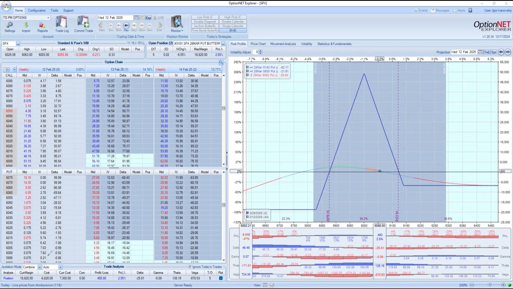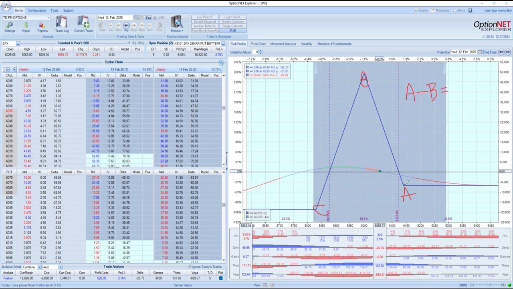My short strike is at 6,000. So let's call this point A, this is point B, this is point C. To figure out our downside risk, we take A minus B, and these are our strikes.